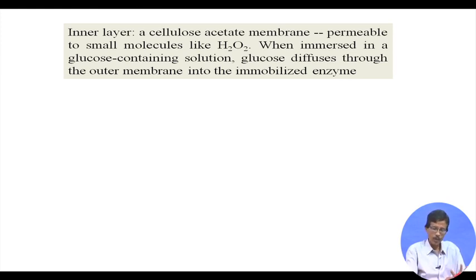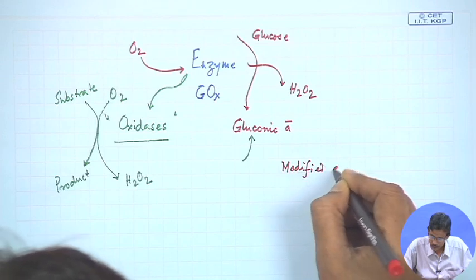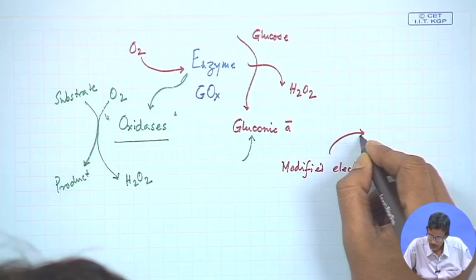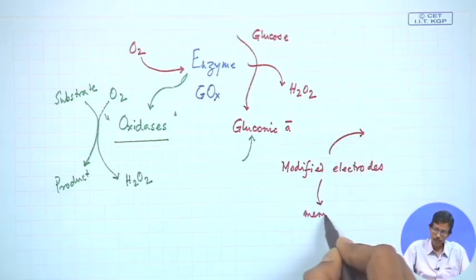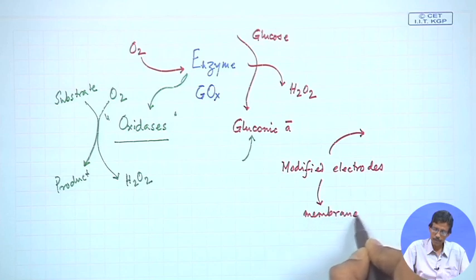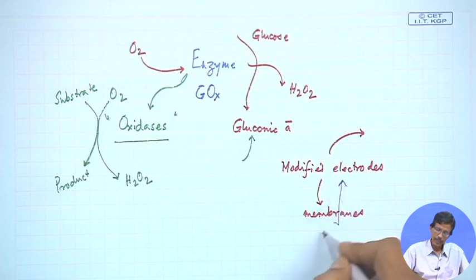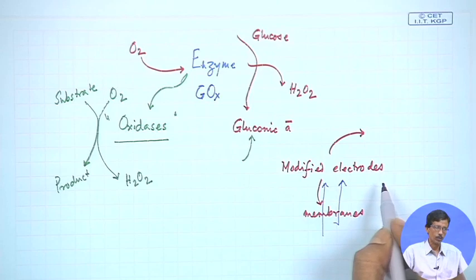So, everywhere the modified electrodes are there. The modified electrode is a cover-up of the electrode, but we are using some membranes, and we are talking about their type of permeability. The permeability is such that some molecules can pass through the membrane and reach the modified electrode.